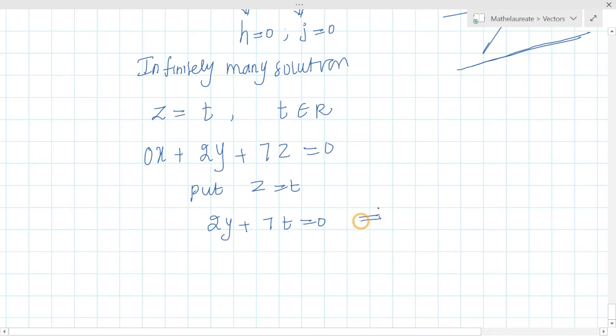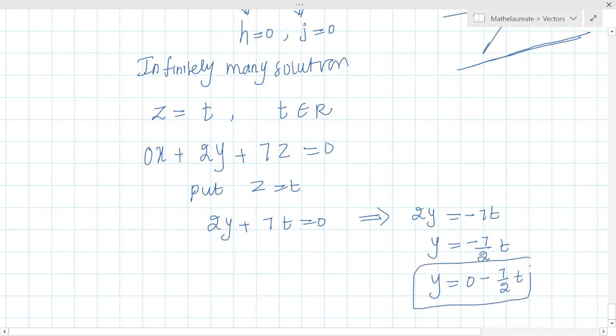And this gives 2y equal to minus 7t and y is equal to minus 7 by 2t. Okay, these solutions are looking like the parametric form of a straight line. So if you want, you can write it as y is equal to 0 minus 7 by 2 times t. Okay, we'll come back to this later.